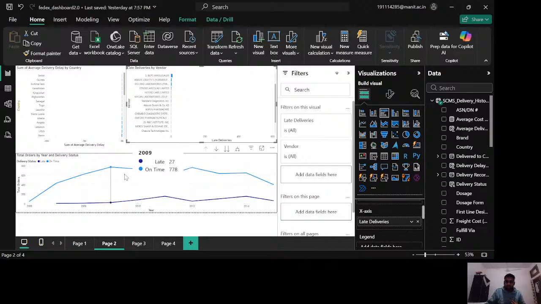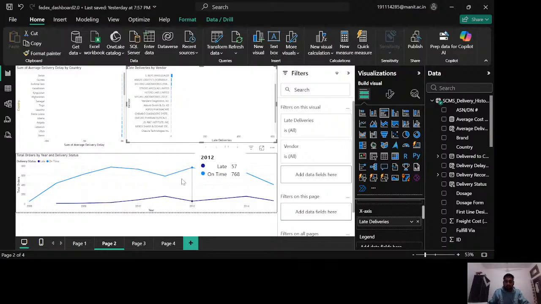We have a decrease in on-time deliveries by 54, while we have an increase in late deliveries by 57. So the on-time delivery percentage decreased in 2010.